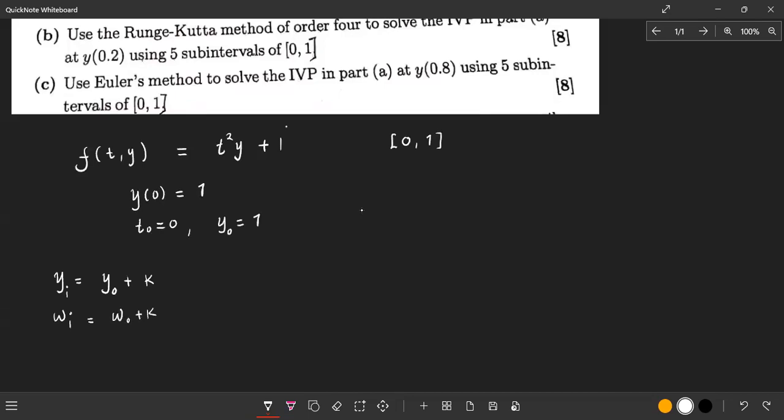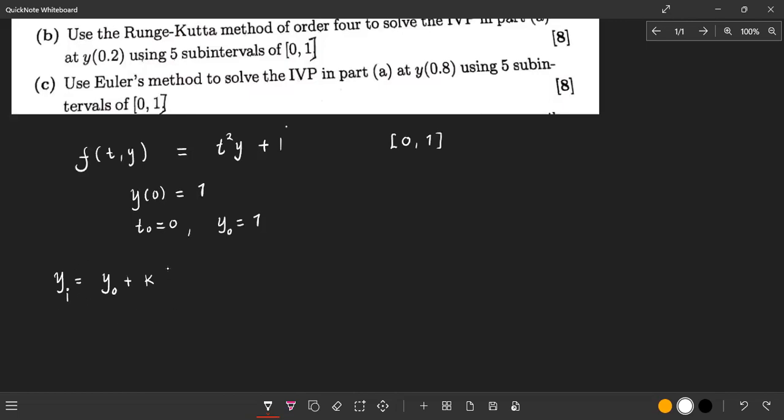Both of them mean the same, so don't get confused with the notation. Here, i talks about the iterations. If the problem just requires one iteration, this will be y1. If it requires two iterations, it will be y2, y3, and so on and so forth.